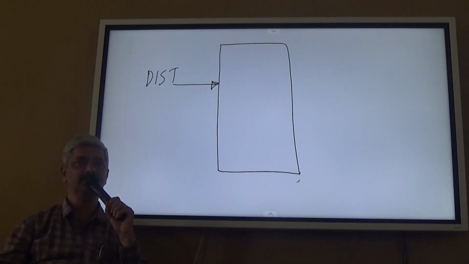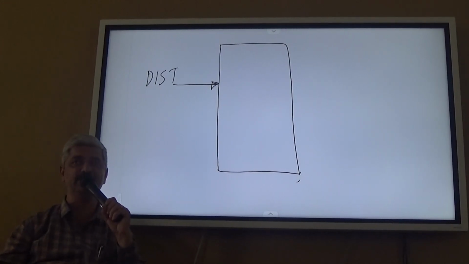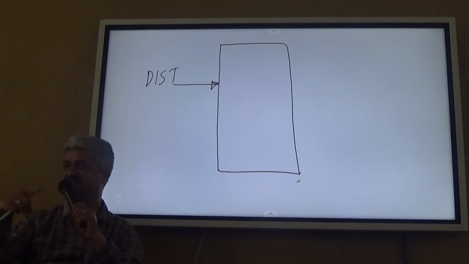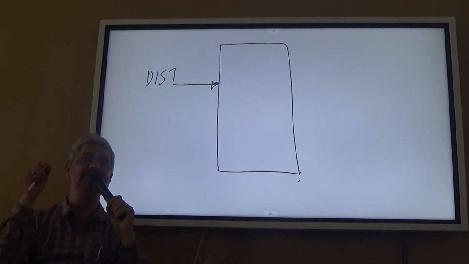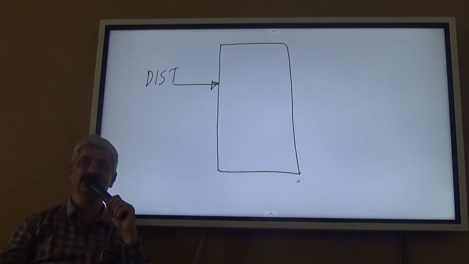At the end of every instruction, the disturb pin is checked by the microprocessor on its own before moving to the next instruction. And if the disturb pin is 0, there is no event, it continues with the next instruction.